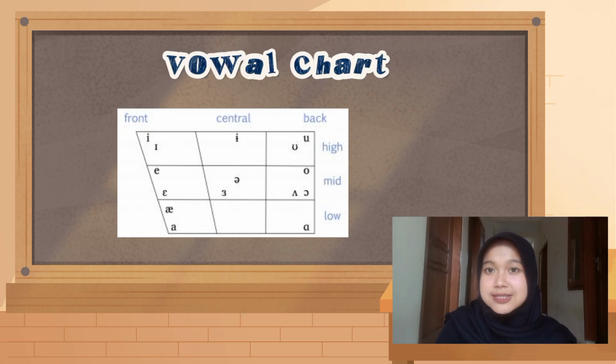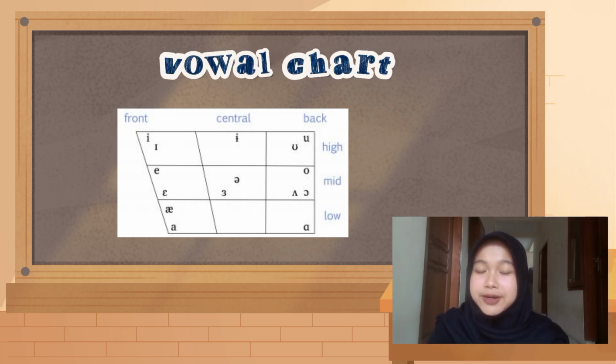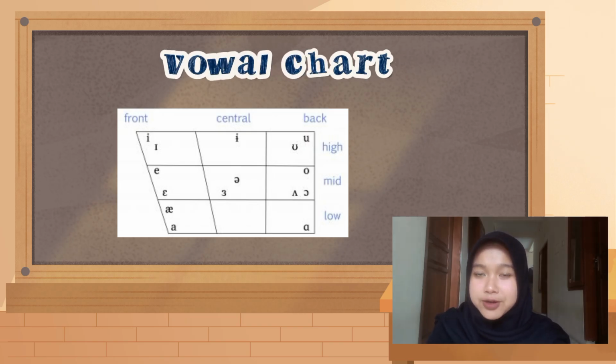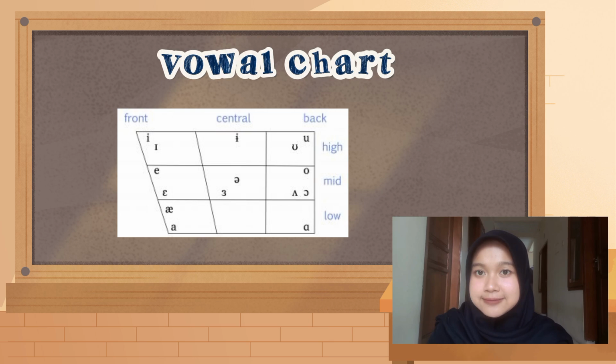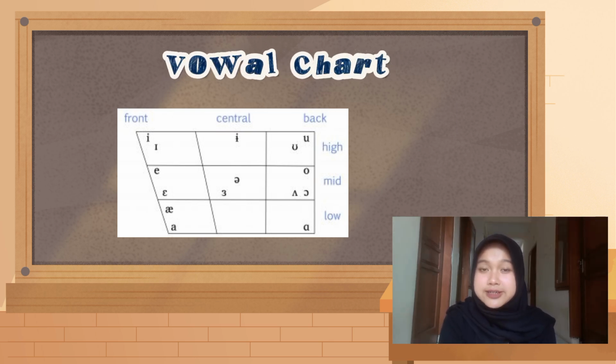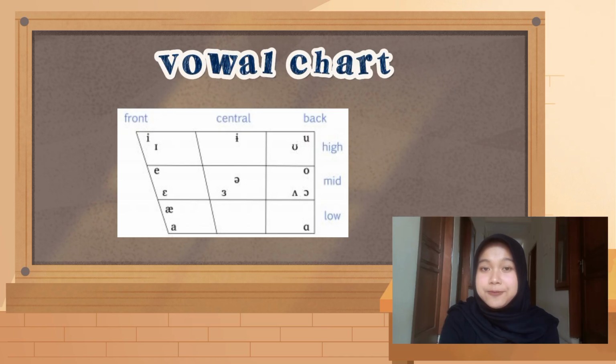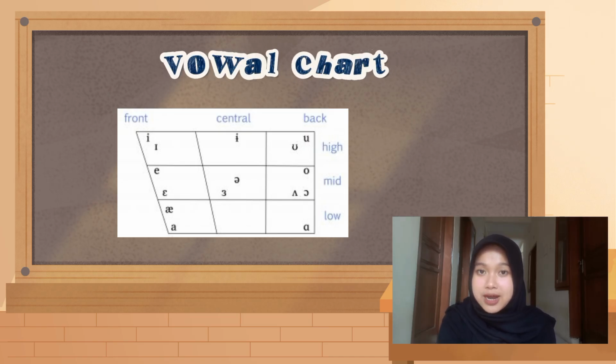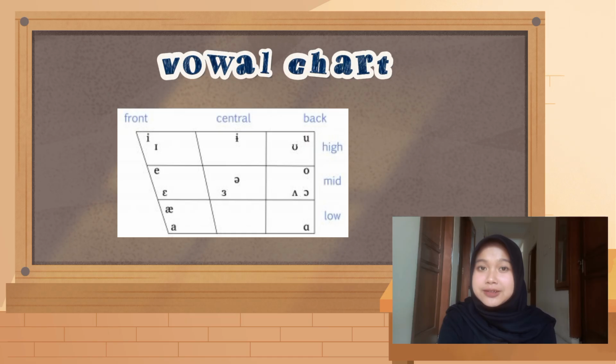But vowels and consonants work together to form words and sentences. By understanding vowels versus consonants, we can improve our pronunciation and speaking skills. It is why it is very important to understand vowels and consonants in phonetics.